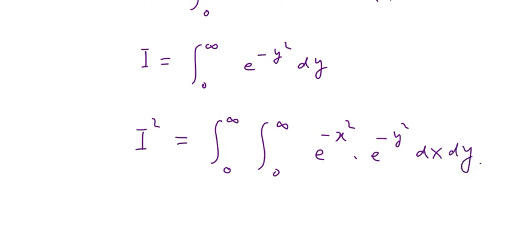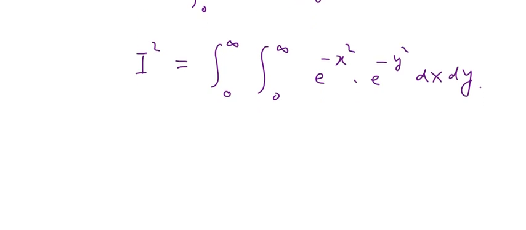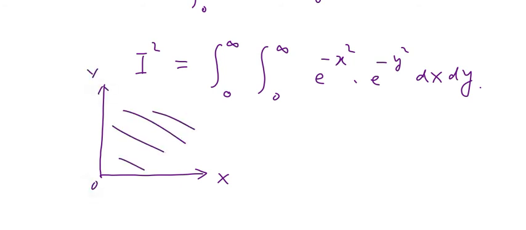We just changed this to a double integration. For this double integration we can use substitution. Here x is from 0 to infinity and y is also from 0 to infinity, so this is just the first quadrant.